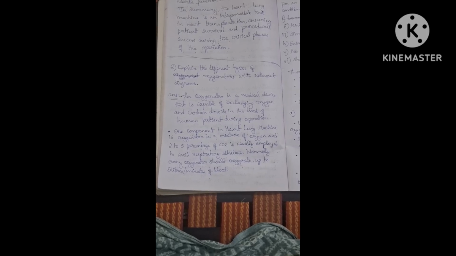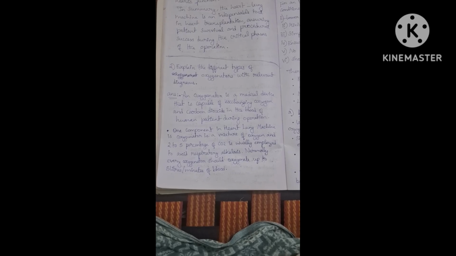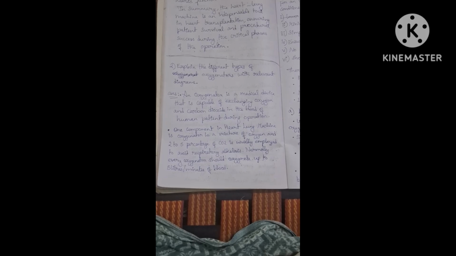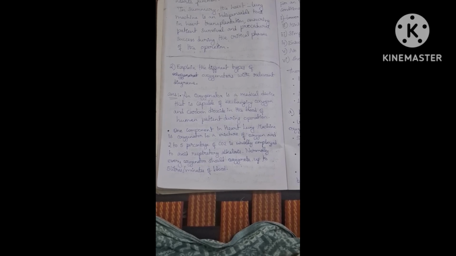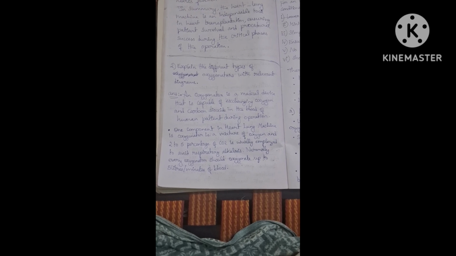The second important question is, explain the different types of oxygenators with relevant diagram. An oxygenator is a medical device that is capable of exchanging oxygen and carbon dioxide in the blood of a human patient during operation.